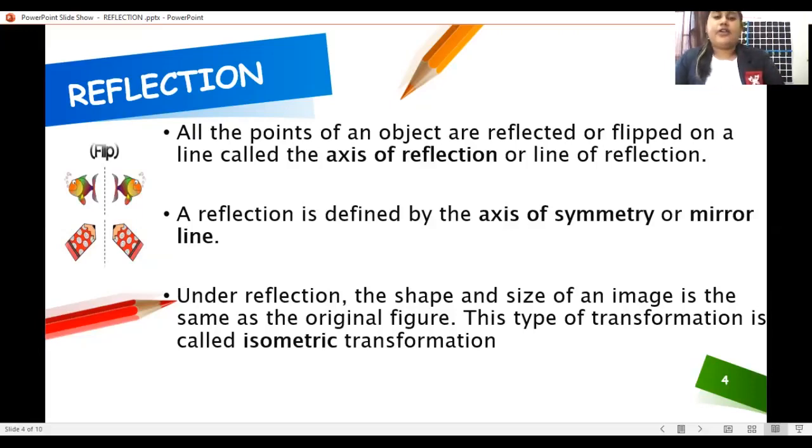So under our reflection, as we talked earlier, the shape and the size of the image will be the same as the original shape. And this type of transformation is going to be called an isometric transformation. Why? Because you flip it over and the shape and size will remain the same. All right, students?